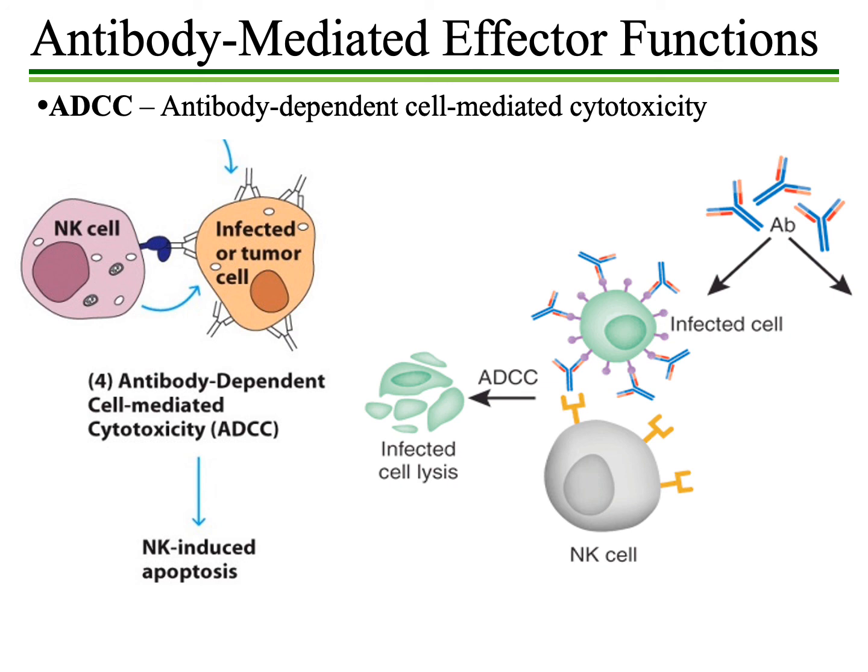Both figures depict the same concept. On the left-hand figure, you have a natural killer cell. In blue is the Fc receptor that is part of the natural killer cell. Just like in the previous example, the Fc receptor binds to the Fc portion of an antibody. In this figure, you also have antibodies binding to either a cell infected with virus or a cell that is part of a tumor.